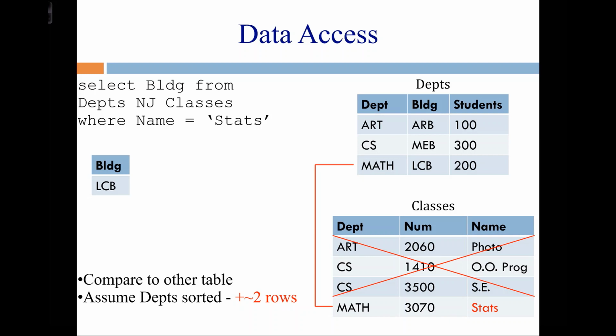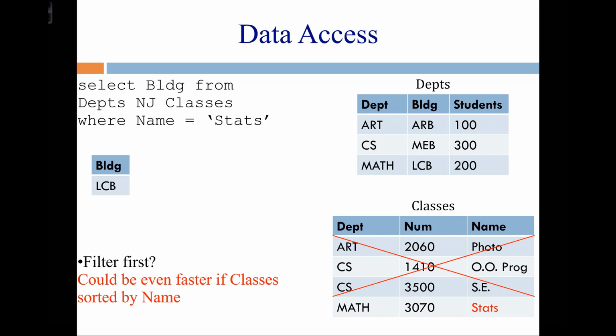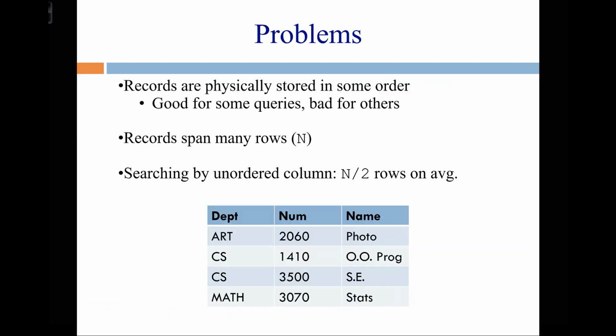So good, that's fewer than if this departments table was not ordered. And we could do even better if, when doing this initial filter in the classes table, that table was ordered by class name, then we wouldn't have to search 4 rows to do the initial filter.